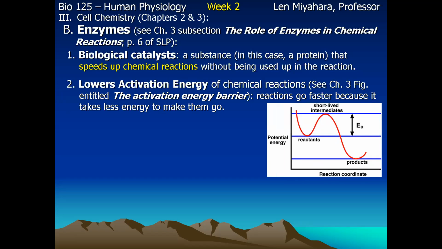So you have to understand that a chemical reaction starts with reactants, also referred to as substrates. These are terms you just need to know. The arrow is the chemical reaction, and then you end up with products.